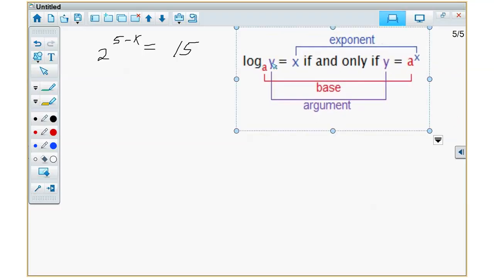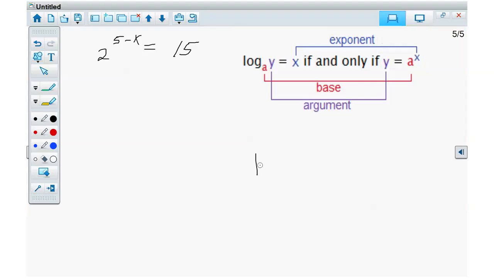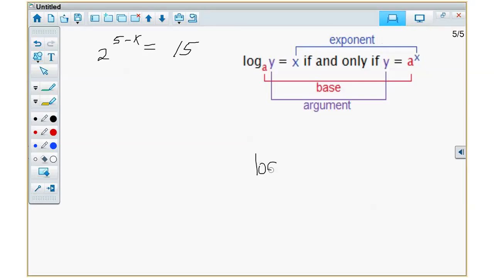Log base a of y is equal to x. You can rewrite that as y is equal to a to the x. So the best way to remember this: log base a of y is equal to x gives us, and it goes both ways, y is equal to a to the x.